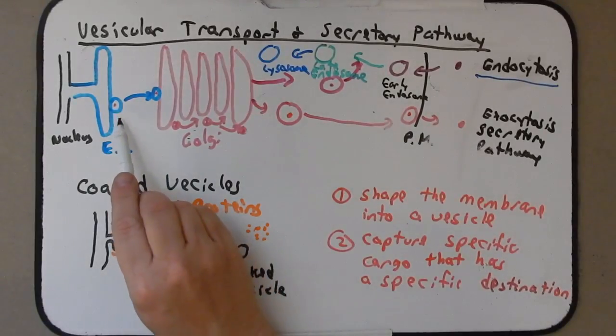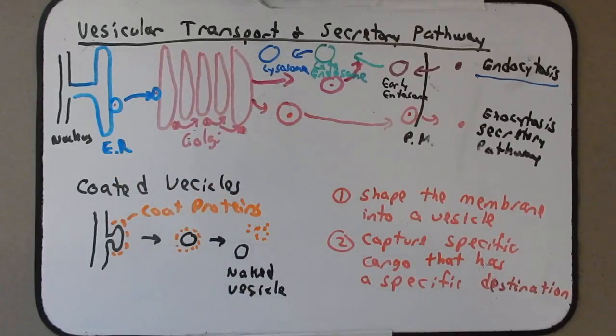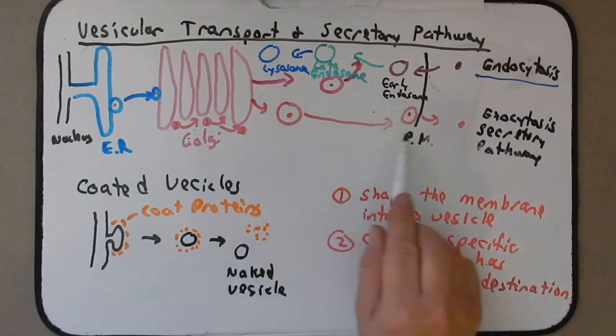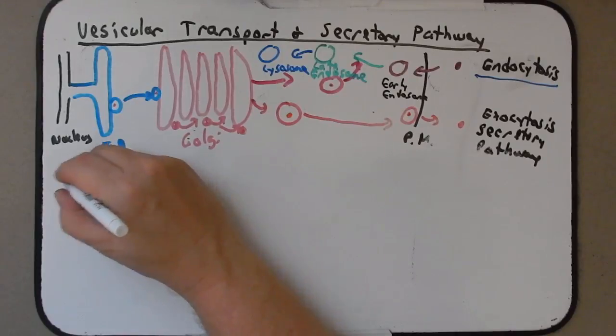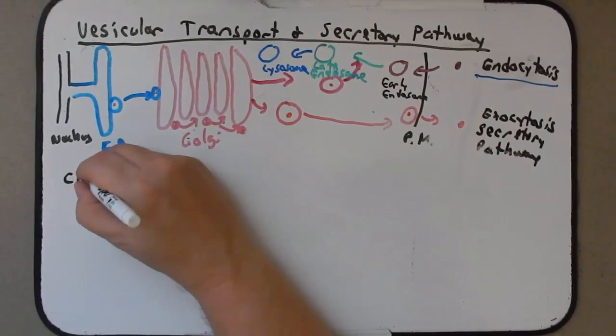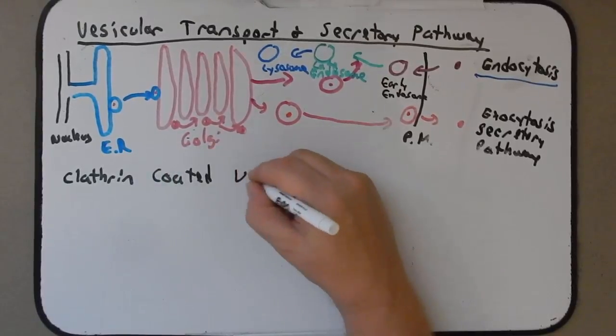So each of these steps here, though it wasn't drawn, will have coat proteins bind to the vesicles and move them to the next target, all the way through this process. Now I would like to spend some time talking about a very specific coat protein, the one that we know the most about, and it's called Clathrin.